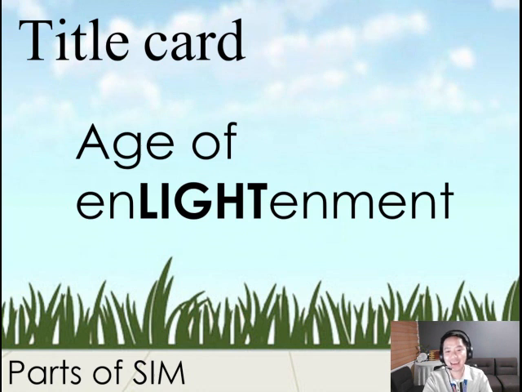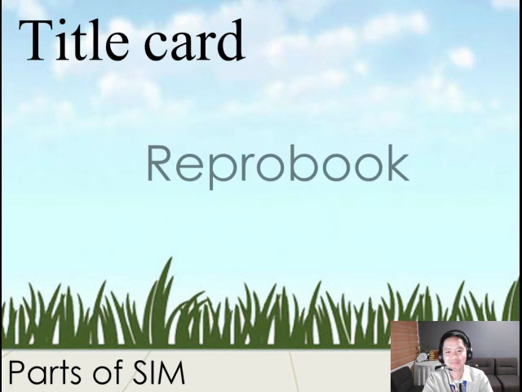Age of Enlightenment. So you may think of this strategic intervention material has something to do with light. Reprobook. Reproduction. A book that will help them understand the concepts and ideas of reproduction.